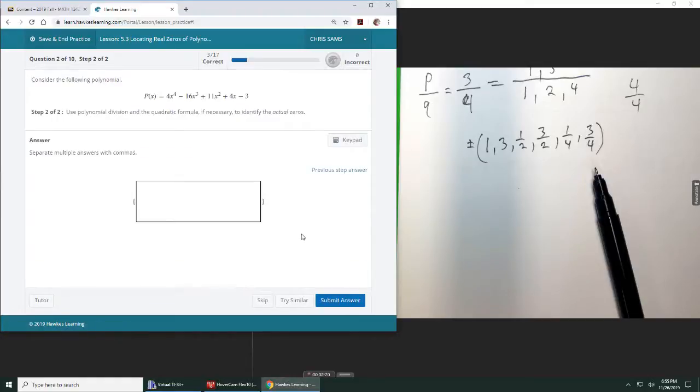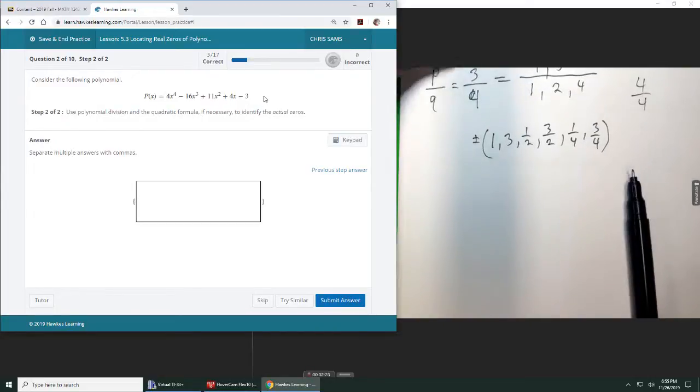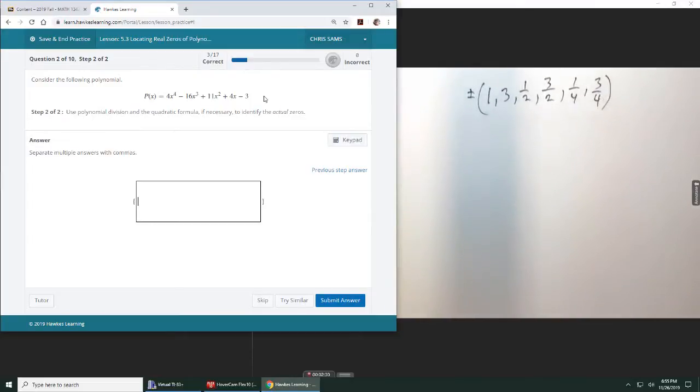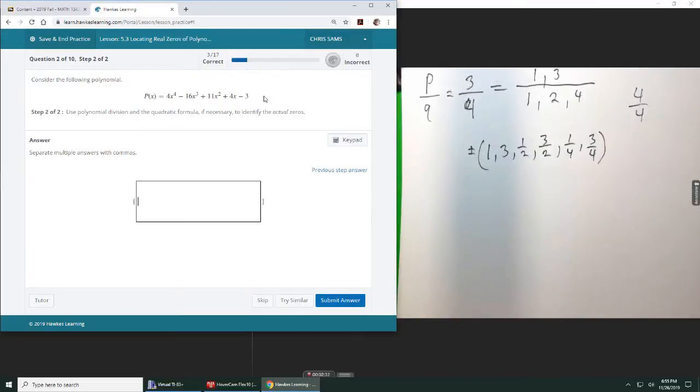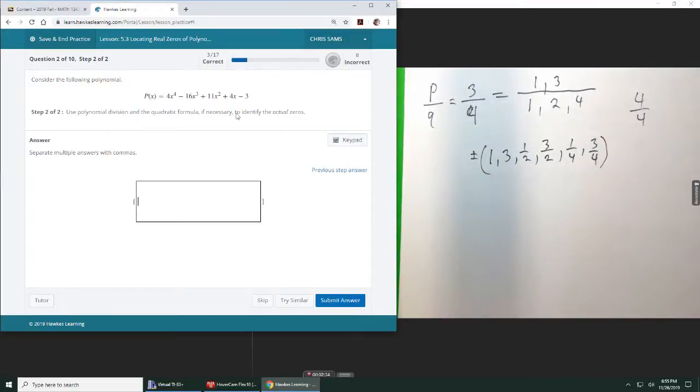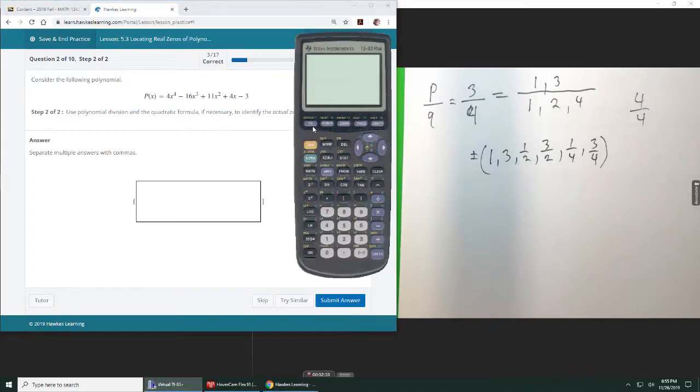All right, and then next we want to actually use division to find all of them. Again, I'm going to graph it and get an approximation of these zeros. Y equal clear.